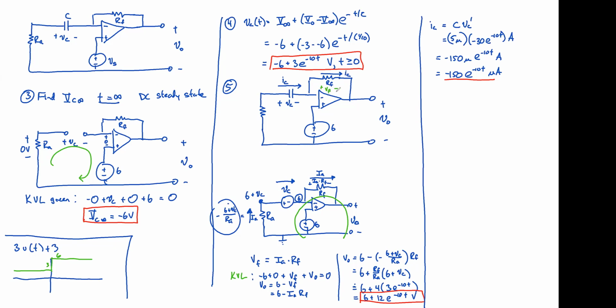I'll call that V sub F. So now V sub F, we know, is equal to RF times IC, which from up on top is equal to, RF is 80K times minus 150 e to the minus 10t micros.